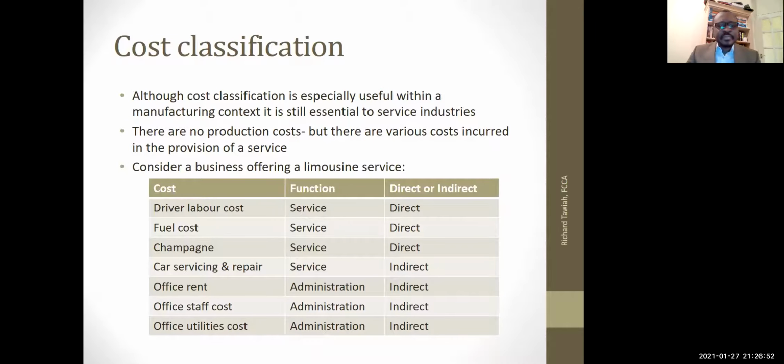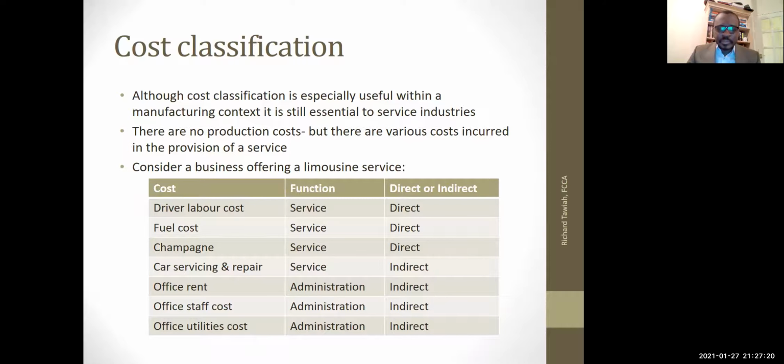Let's take a detailed scenario here. A limousine service. What are the cost classifications? The driver who directly drives the limousine is a direct labor cost. So we can attribute it directly to the service it's providing. Fuel cost goes into the limousine, a vehicle, a direct cost. We can usually trace it. Champagne, limousine, you have to sit in, feel free, be served.